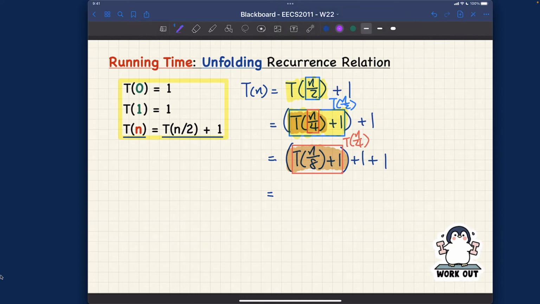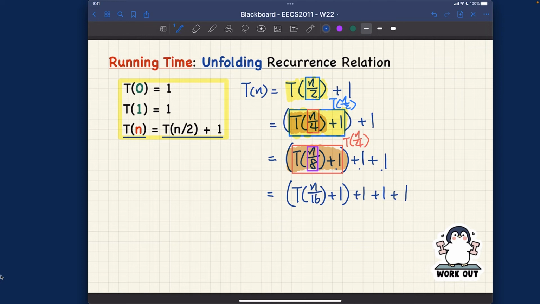What about this guy over here? N over 8. Without looking at the formula, I already know what the pattern is. It's going to be t of n over 16 over here, and then plus 1, and then plus 1, plus 1, plus 1, plus 1, plus 1, plus 1.